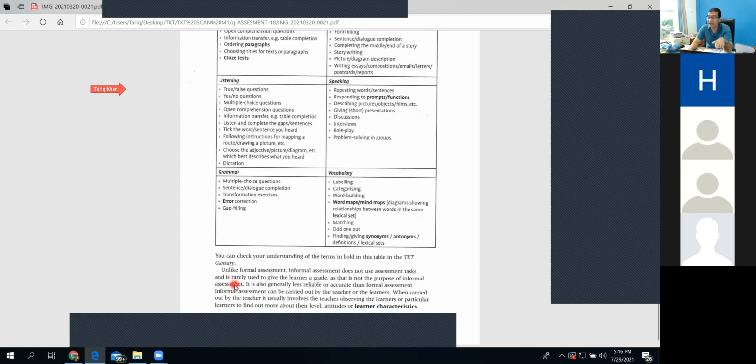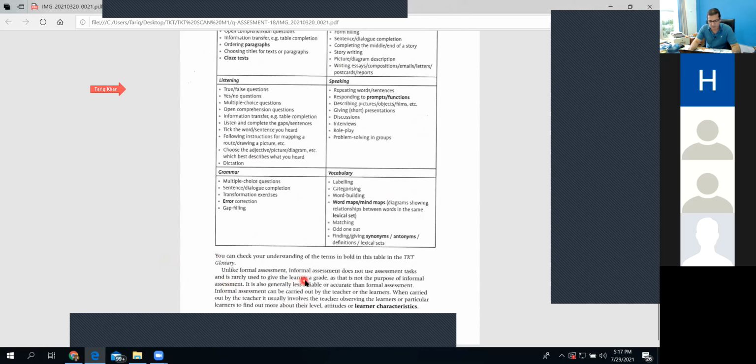You have to be clear: what is the task? What do we do in it? If something is not clear to you, check it in the glossary, or Google it. You need to know that these different categories we use for testing. These different tasks are used for different kinds of assessment, and what do we do in it.